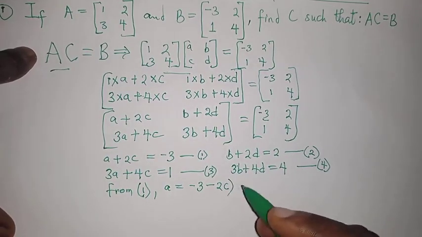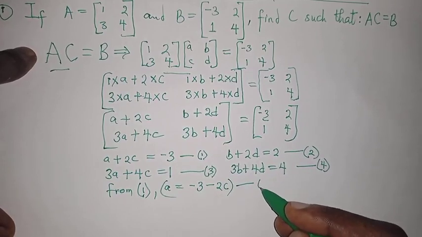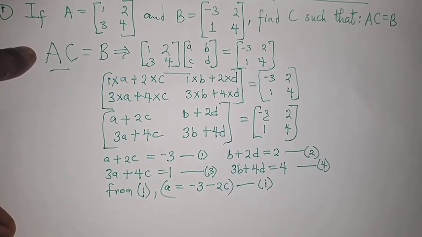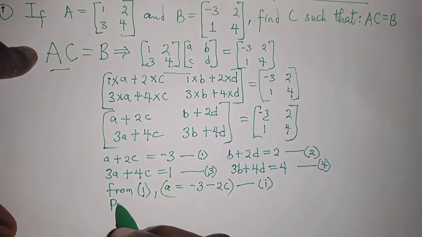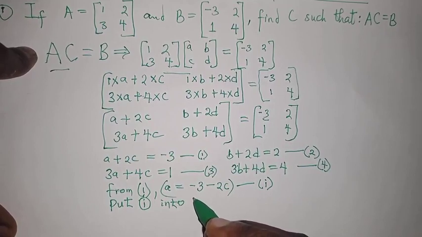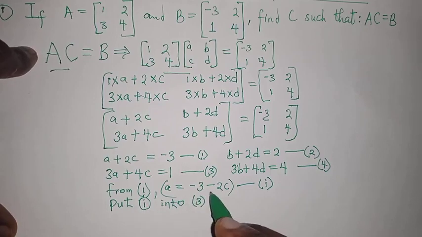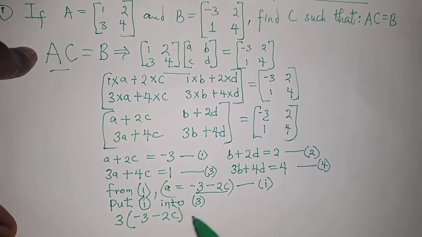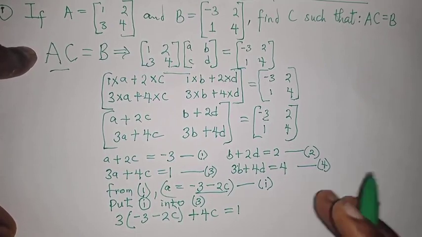I'm going to call this expression equation Roman numeral I. Now I'm going to put equation I into equation 3. So wherever I see A, I'm going to introduce this term. So 3A, of course, that means 3 times minus 3 minus 2C, plus 4C is going to give me 1.